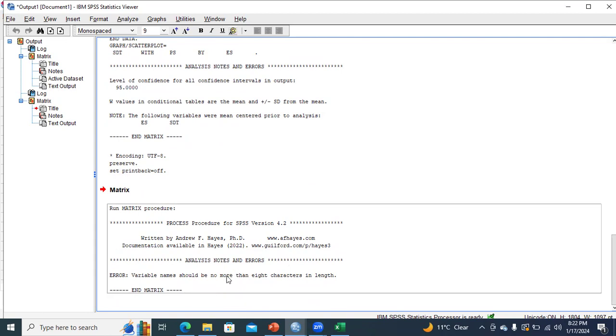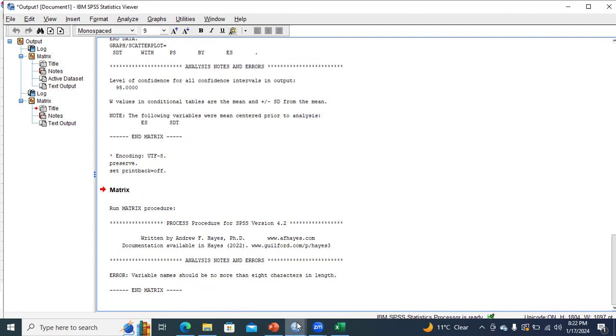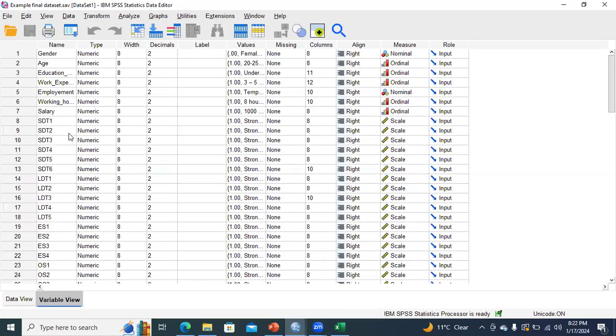So I have told you the reason why it shows an error. You need to change the number of characters in employment. You simply write it as emp_type. If we count it, it is less than 8, so it is okay.